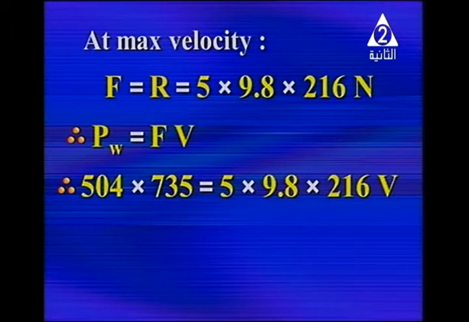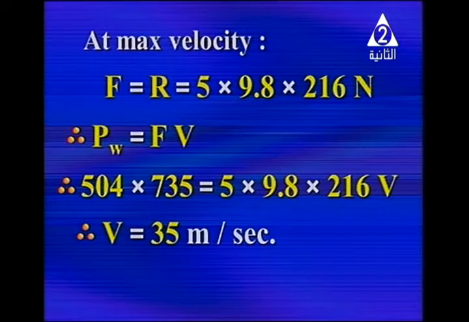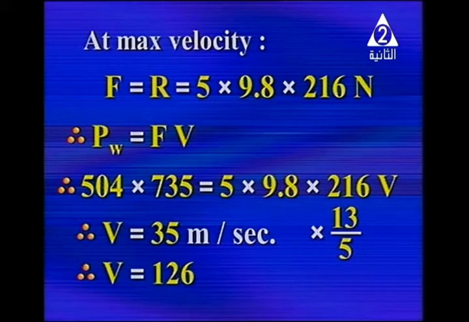This left hand side equals 5 times 9.8 times 216, the force, times V, the velocity. By using division, the velocity equals 35 meter per second. After that we convert it by using 18 over 5, then the velocity equals 126.